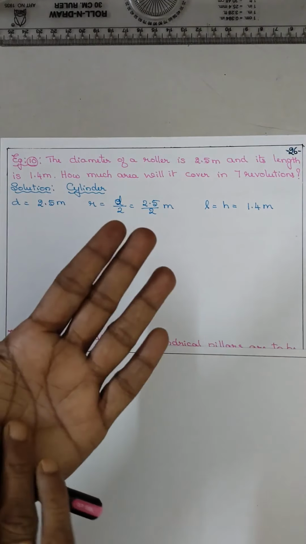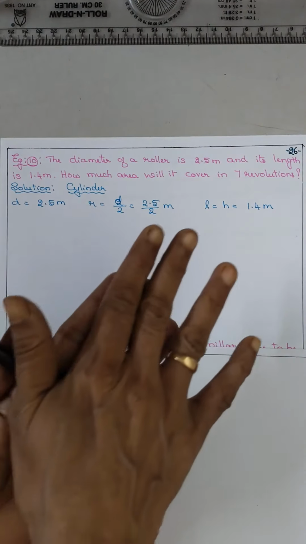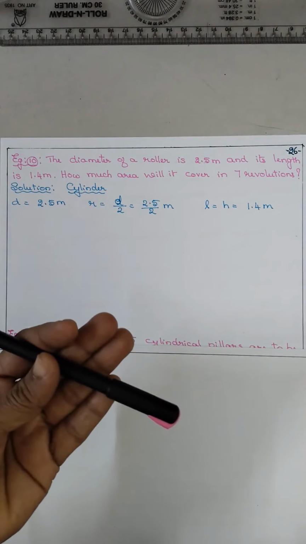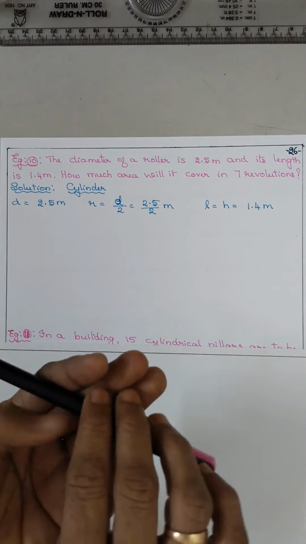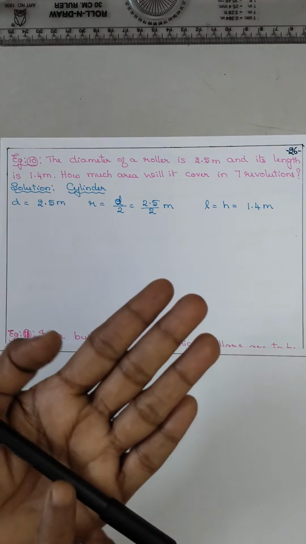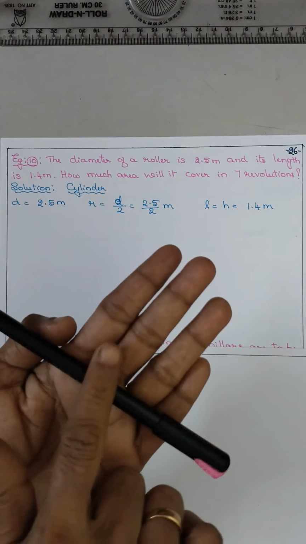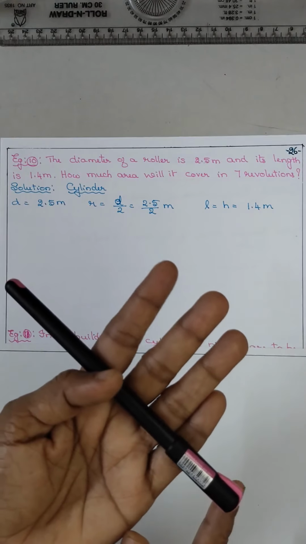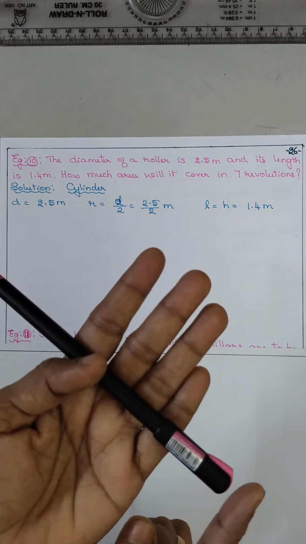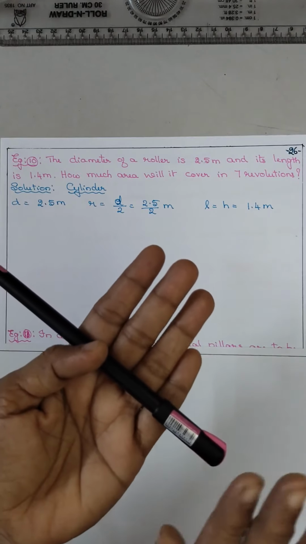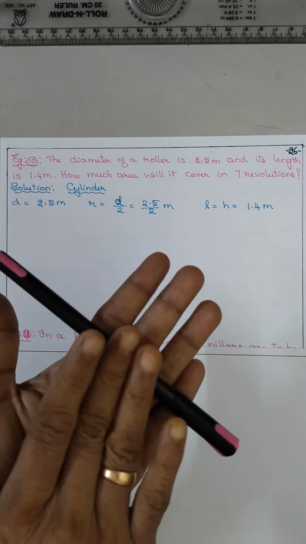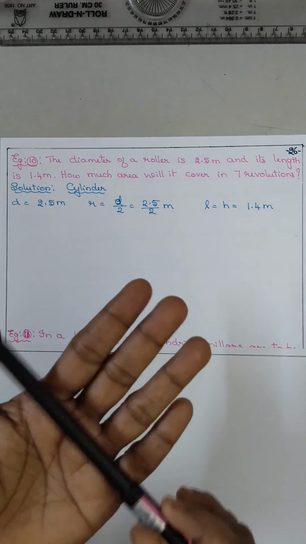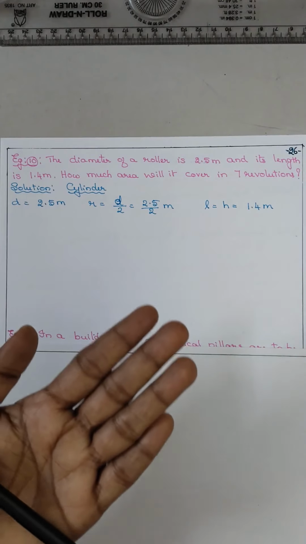So to find the area covered by 7 revolutions, what do we have to see? Is it the CSA or the TSA? You are only covering the sides, isn't it? So that is the curved surface area. Are we counting these two? No. We are not counting the top and bottom, only the sides, the circular side. So we have to find out the CSA.